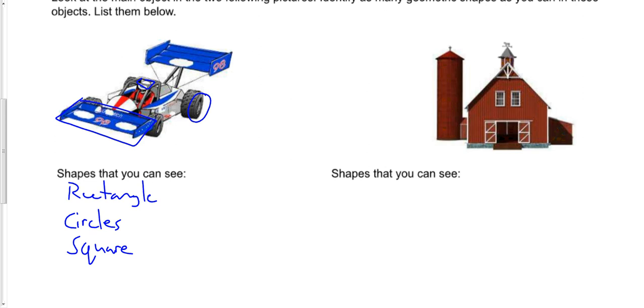If we look at the barn on the right-hand side, you also see different shapes there. Here in the silo, that silo is going to be a cylinder. We see rectangles for the doors and windows.